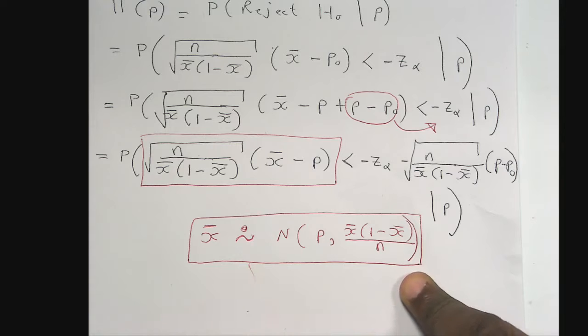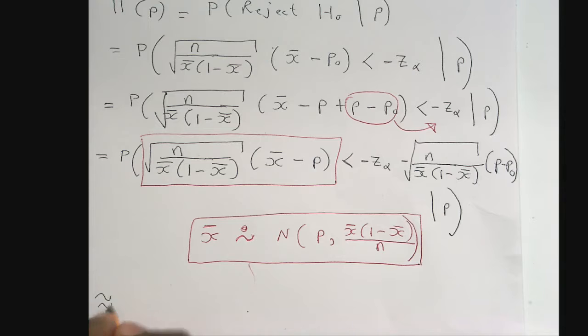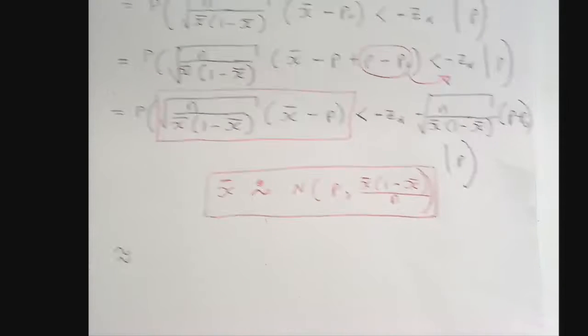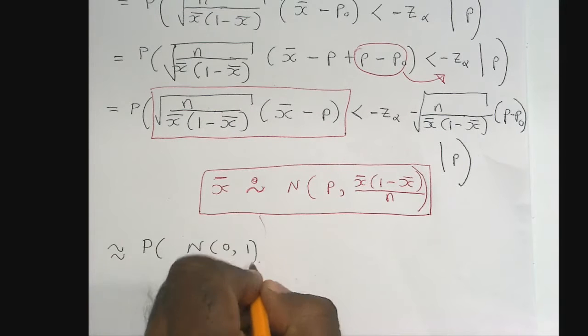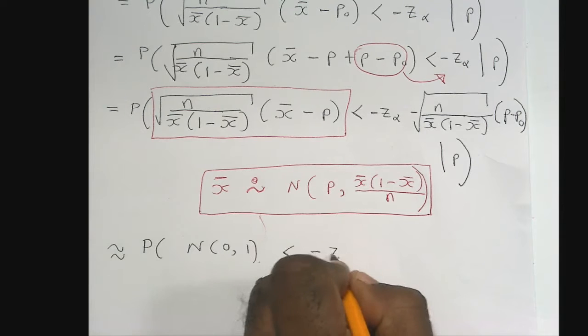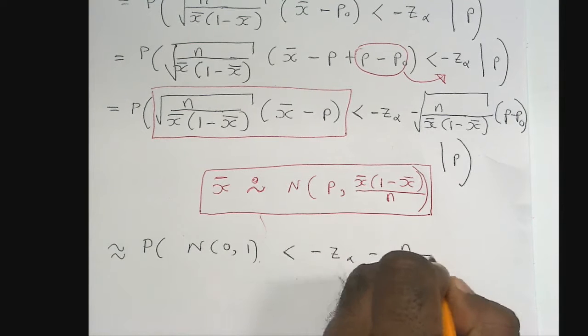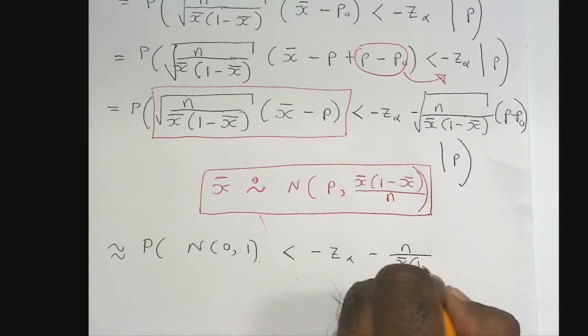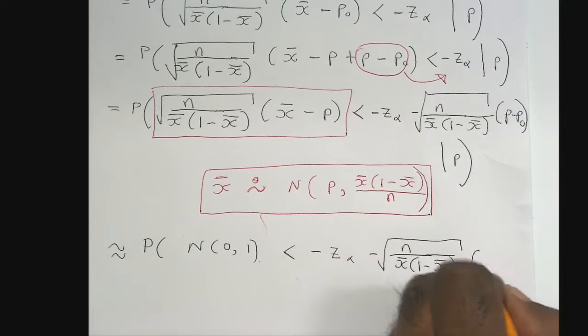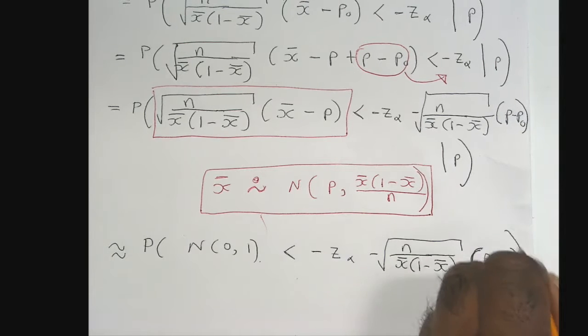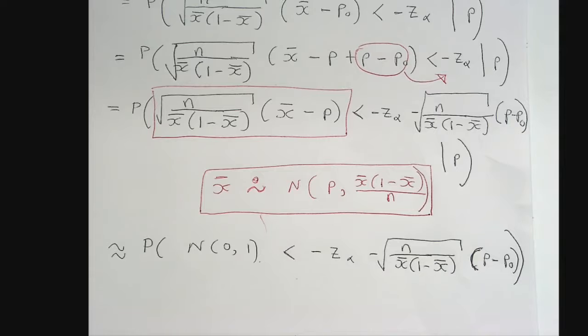Given this approximation, this will have an approximate standard normal distribution, right? So the next one is an approximation of the probability that N(0,1) is less than minus z alpha minus... okay. So this is what you get.